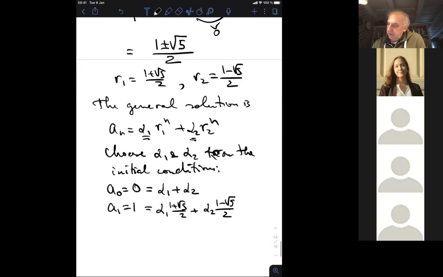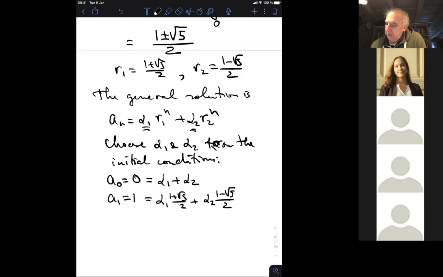So what do we get here? If we multiply this second equation by 2, we get 2 equals alpha 1 plus alpha 2 plus alpha 1 square root of 5 minus alpha 2 square root of 5. Now from the first equation, alpha 1 plus alpha 2 is 0.